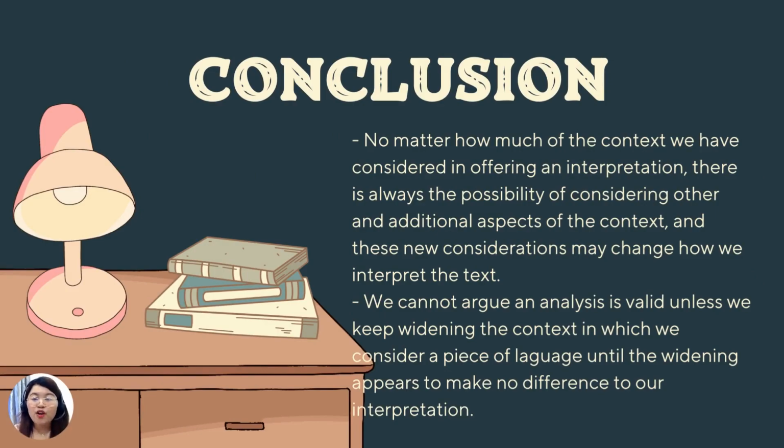So it says here, no matter how much of the context we have considered in offering an interpretation, there is always the possibility of considering other and additional aspects of the context, and these new considerations may change how we interpret the text. We cannot argue an analysis is valid unless we keep widening the context in which we consider a piece of language until the widening appears to make no difference to our interpretation.